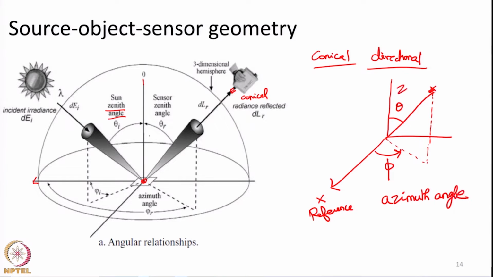So, this I call the zenith angle, that is the vertical angle. This I call the azimuth angle, and also if I know the radius r from this origin, I will be able to precisely locate this particular point in 3-dimensional space. I need two angles and one distance.